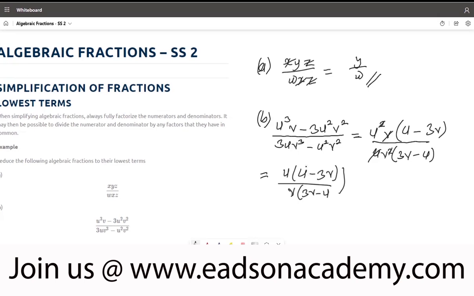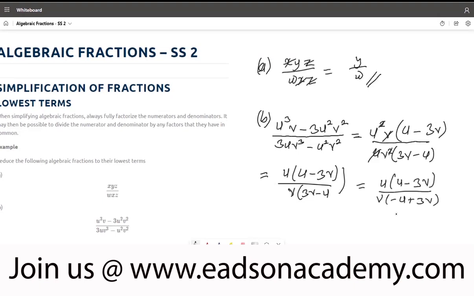Now looking at this, one is u minus 3v, and this is 3v minus u. We can rearrange this denominator like this: I have u into u minus 3v all over v into minus u plus 3v.